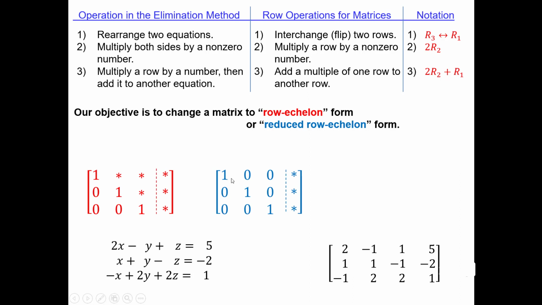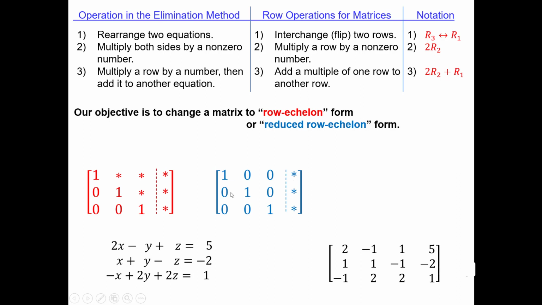But look at the benefit of it being in row echelon form or reduced row echelon form. Since this is the x column, and this is the y column, and this is the z column, and each of these elements refer to coefficients, then this first row would say 1x plus 0y's plus 0z's is equal to that number, which would indicate that x is that number.